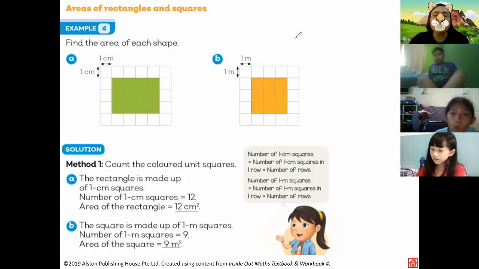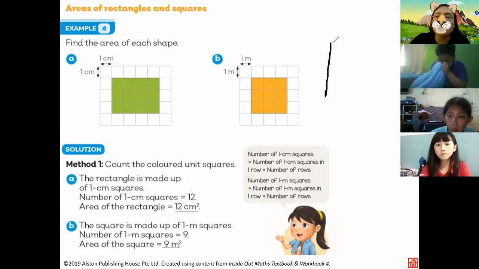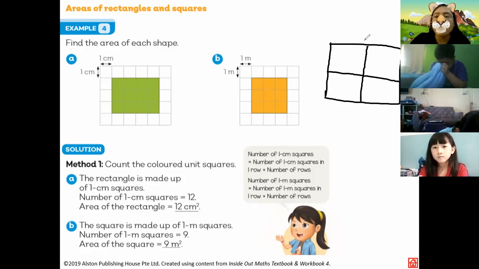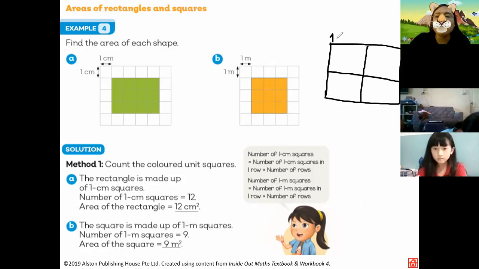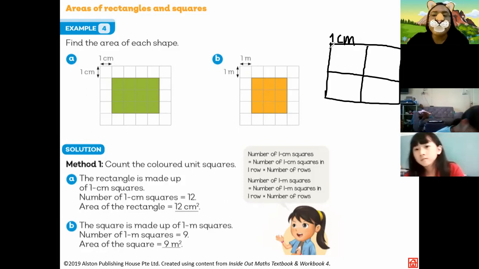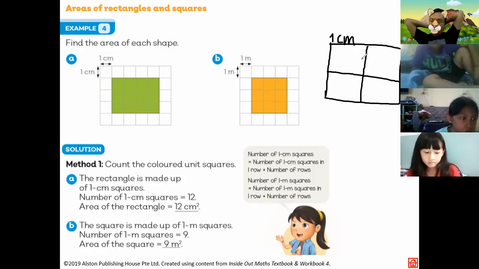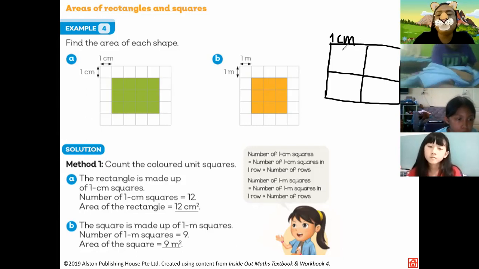Okay, I'll give you another example, class. I have, let's see, a big square. And this one is 1 centimeter. Each square has a 1 centimeter unit square.